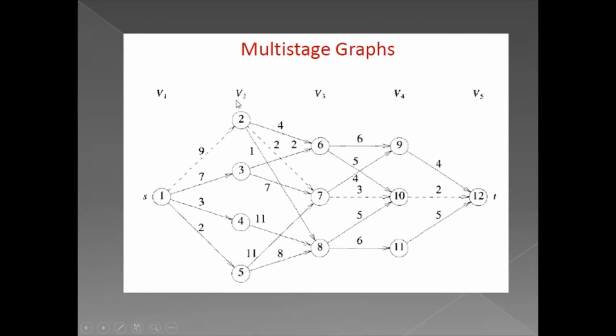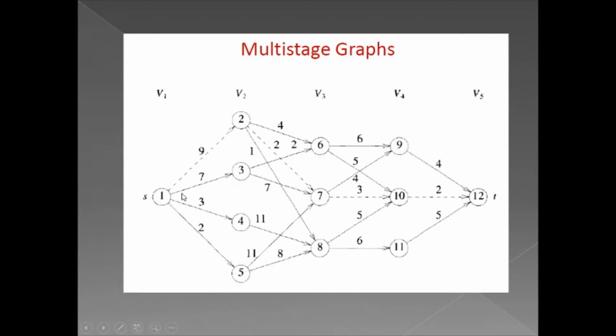In set V2 we have the vertices 2, 3, 4 and 5, then 6, 7 and 8, then 9, 10 and 11, and in the last stage we have 12. These sets are called stages: stage 1, stage 2, stage 3, stage 4 and stage 5.